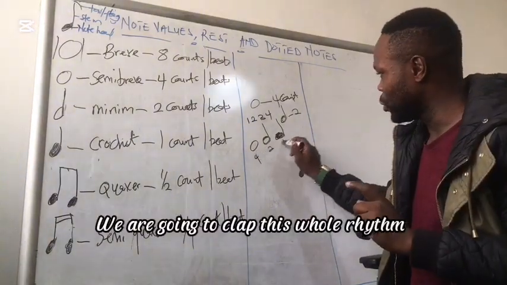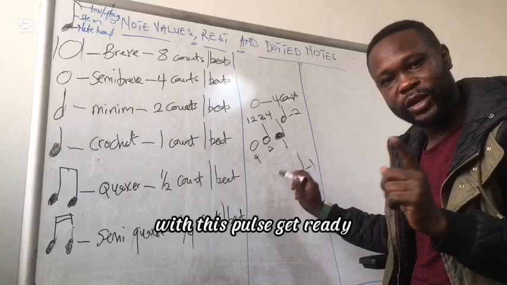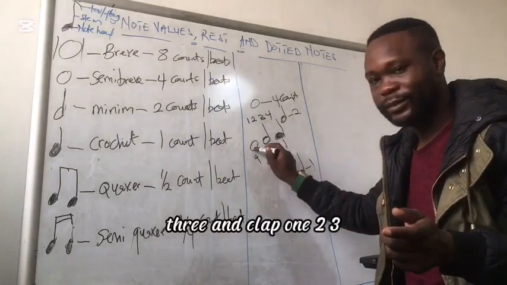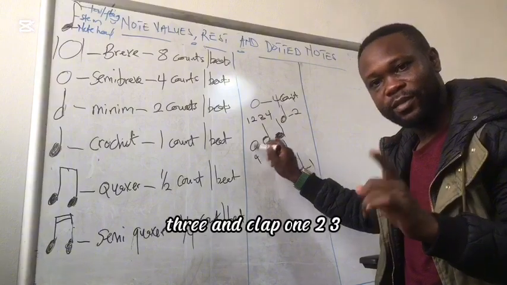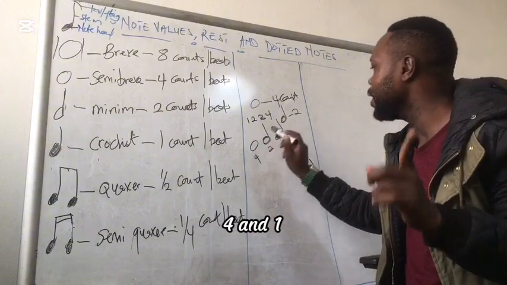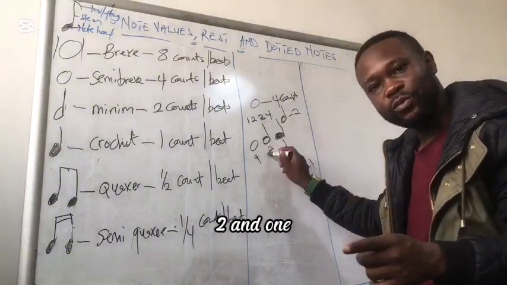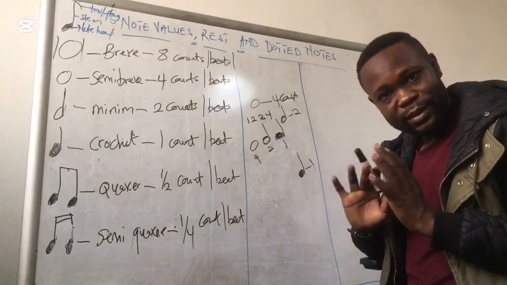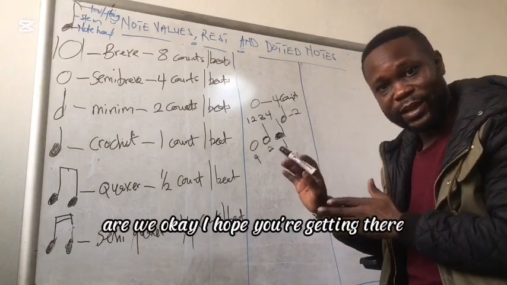We're going to clap this whole rhythm with this pulse. Get ready. 1, 2, 3, and clap. 1, 2, 3, 4, and 1, 2, and 1. Are we okay? I hope you are getting there.